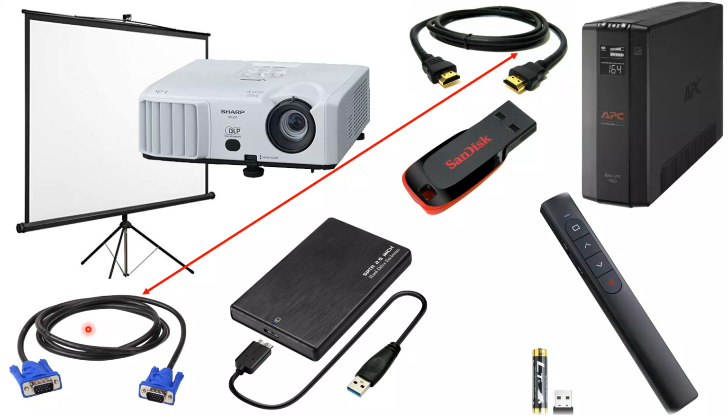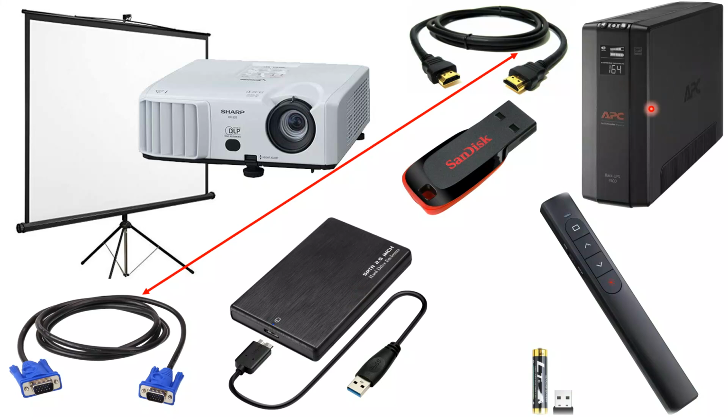We shall also need a VGA cable here. We shall also need maybe an HDMI cable if your projector or laptop doesn't use VGA. You can use HDMI. We may need maybe a flash disk or an external storage device, such as an external hard disk drive, so that you can use it for backup.